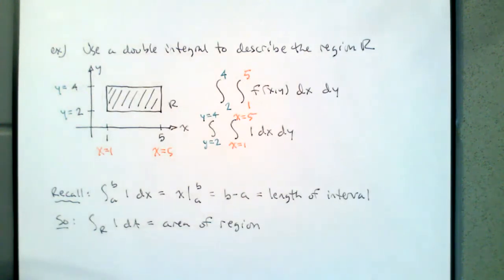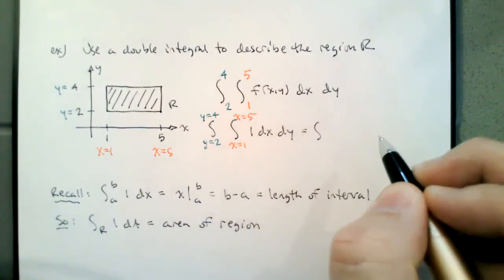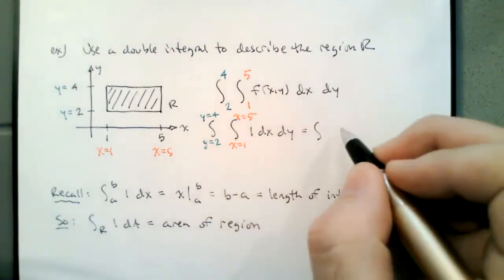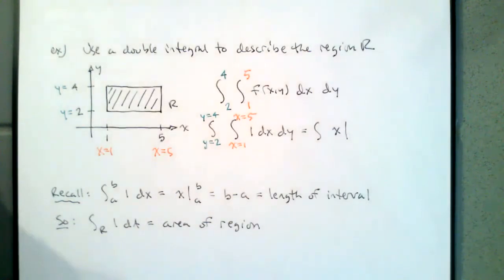Now, this means we have to learn how to integrate with respect to x and then with respect to y. Let's just guess at what we would do. I'm going to integrate the function 1 with respect to x. That's going to give me an x that I'll evaluate from 1 to 5.